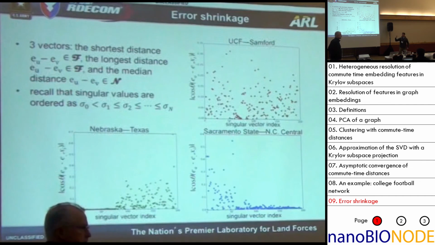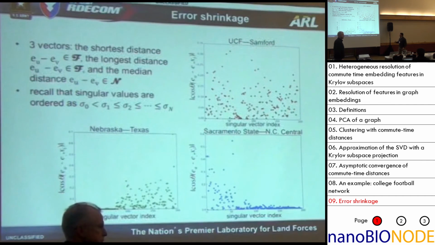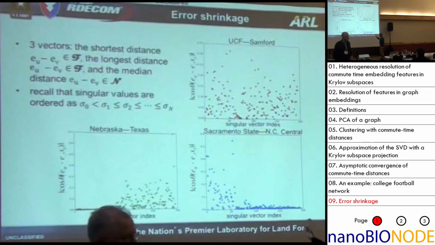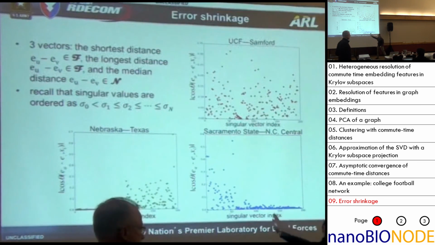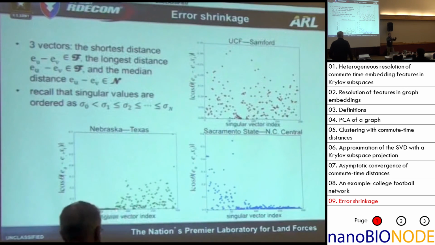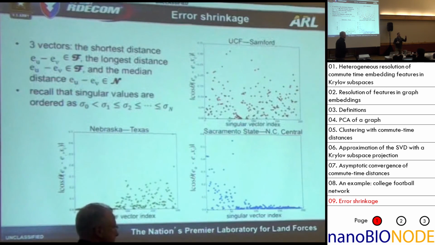You can apply a subspace filter that's just going to filter out all of those singular values and just work in this low rank space anyway. Since those large singular values are going to contribute just epsilon to your commute time distance, you can effectively ignore them. So in that case, I would just project into this low rank space anyway.